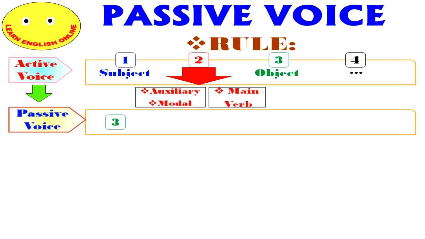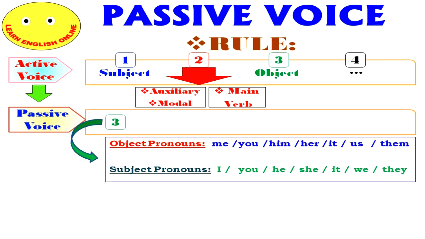If you have an object pronoun in part number 3 in the sentence of the active voice, you need to change it into a subject pronoun. For example, if you have the object pronoun me, you need to change it into I, because we cannot start a sentence with me, but we say I.